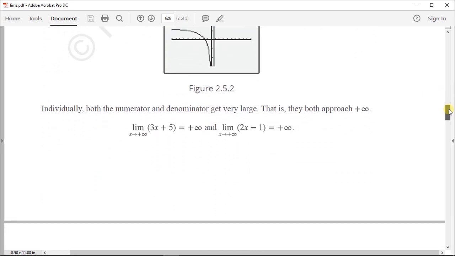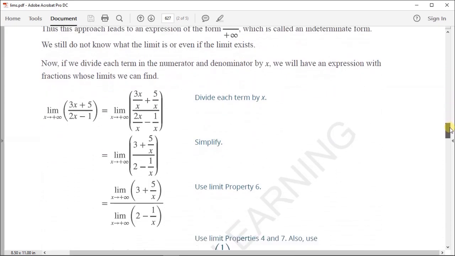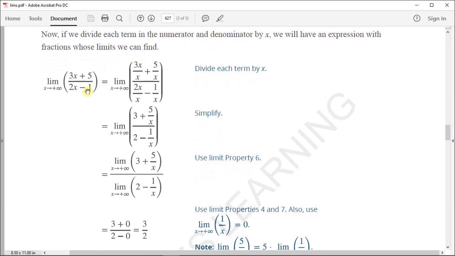Okay. Here's where they show the work. They'll try to manipulate this function and use what we already saw for the limit of 1 over x.